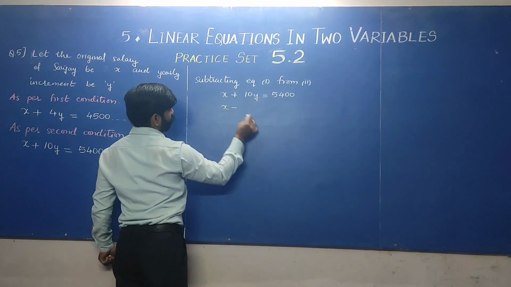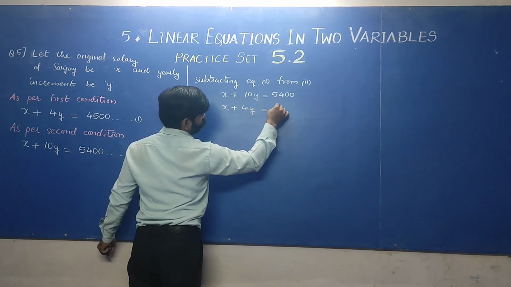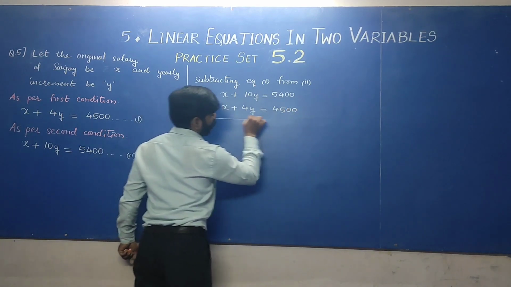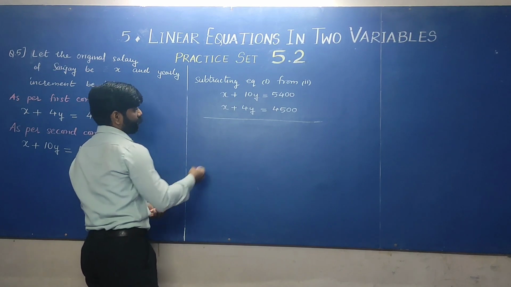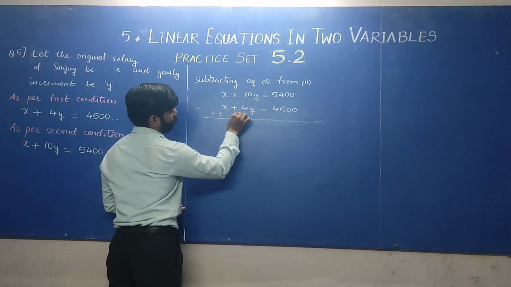And x plus 4y is equal to 4500. As we are subtracting, students, the sign is going to be changed. Now, as we are subtracting, plus will become minus and plus will become minus.